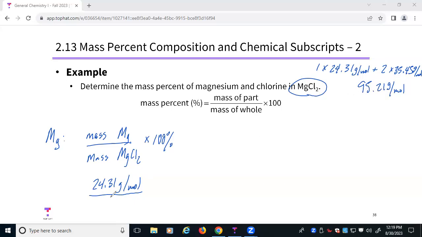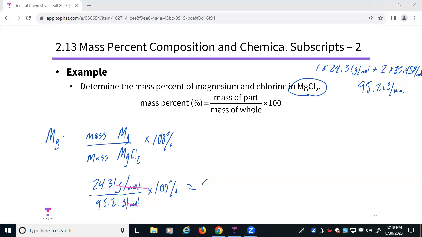So that goes in the denominator of this fraction, 95.21. And we multiply that all by 100%. Because the grams per mole cancel out, mass percents are always going to be unitless.